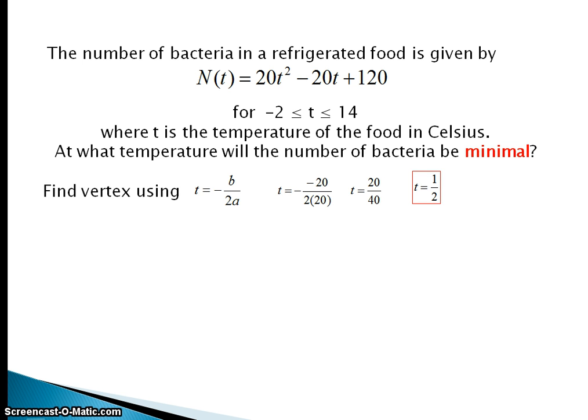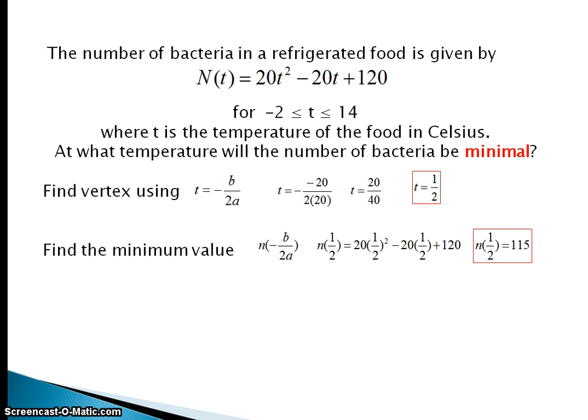So we're going to use that formula, and we will determine that t is equal to 1/2. Next, we're going to find the y value of our vertex. Now we know that that is our minimum value. How do we do that? We're going to evaluate this function N of t when t is equal to 1/2.